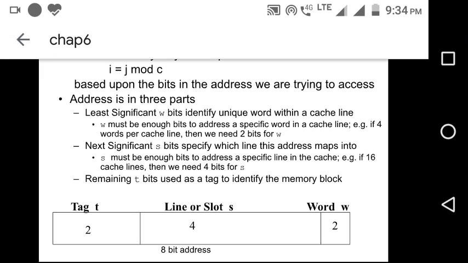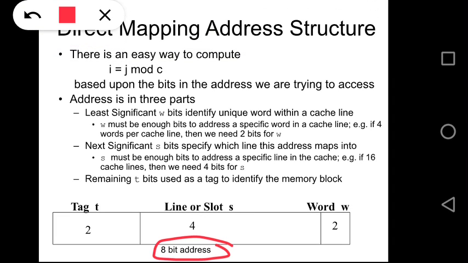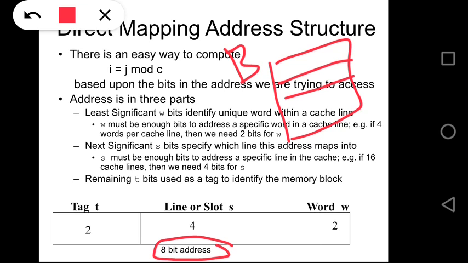So this is an 8-bit address. If the block size is 4 bytes or 4 words, then a block contains 4 words, 0, 1, 2, 3. So 2 bits are enough.